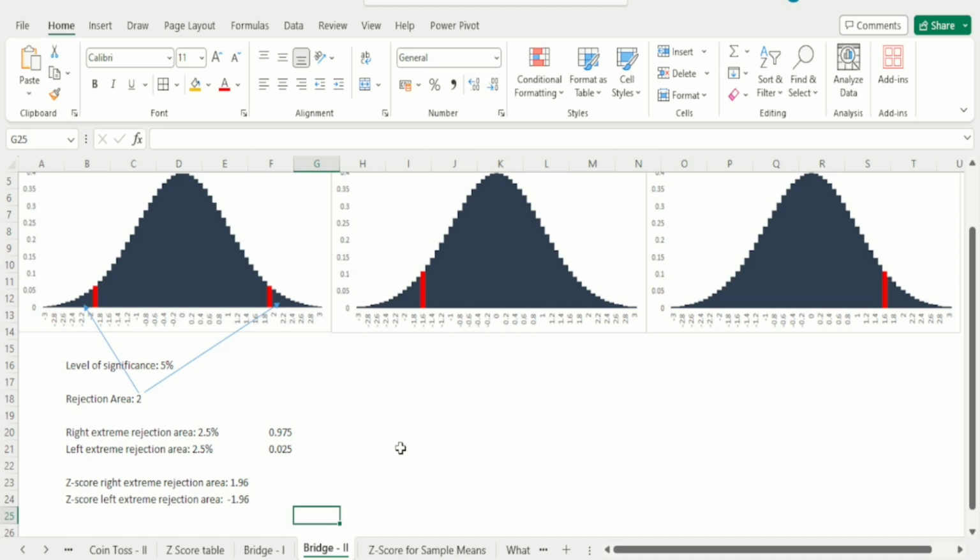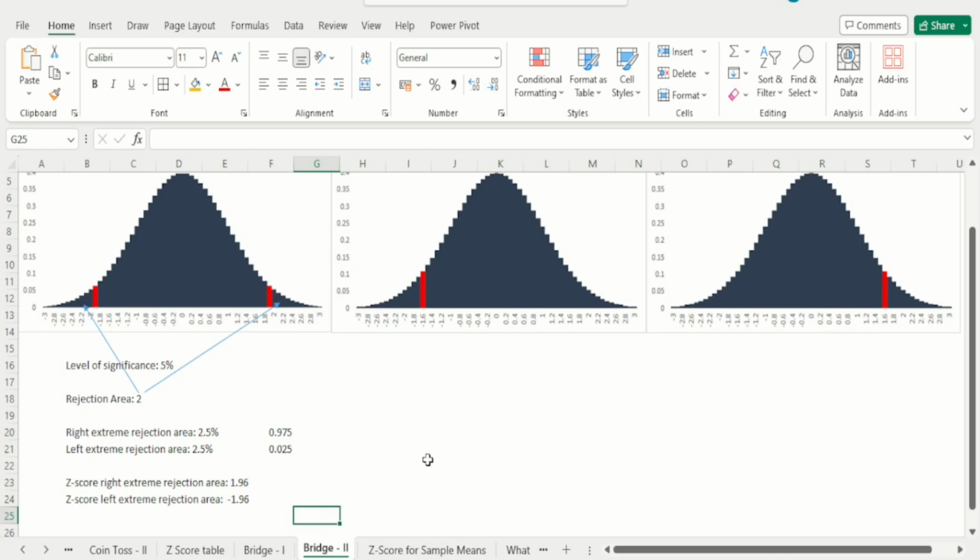All right. On the other hand, if your z-score falls in between, in this central area that is bounded on the left and the right by these two critical points, then you will say that, you know what, this is more towards the center.